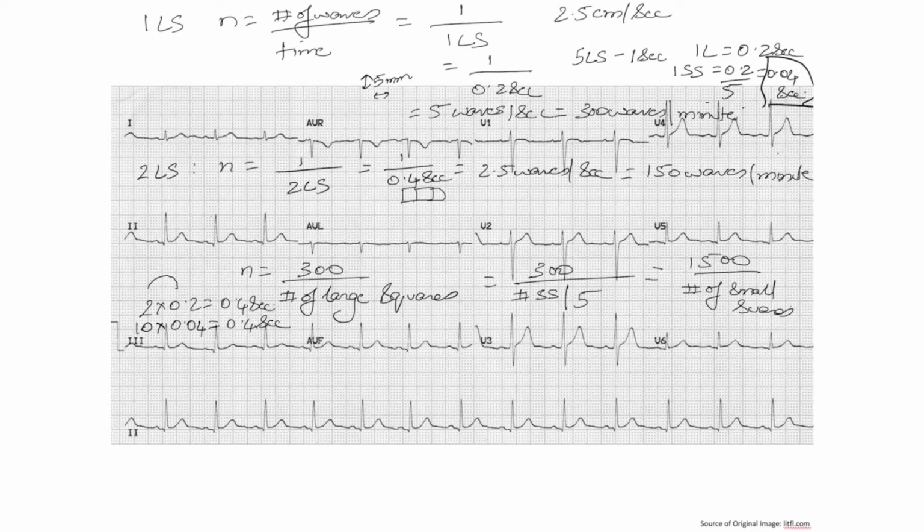This way, by looking at the paper and understanding how the convention works, you can easily estimate the duration of a wave, and you can also estimate the frequency of a wave. Because the paper keeps moving at any given point, if there is a change in the nature of the wave, it's easily captured.